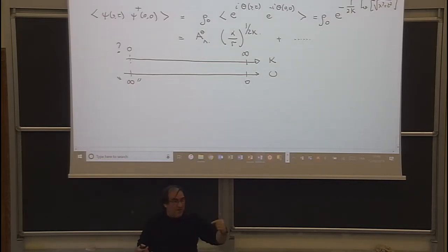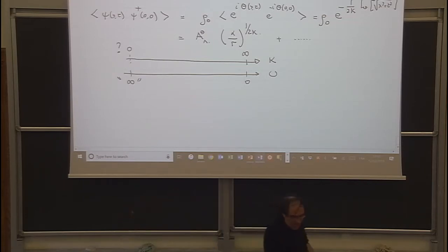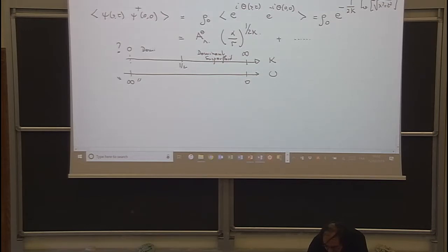Yeah, so you have 1 over 2k, which should be equal to 2k, so k equal 1/2. So when k equals 1/2, you would say here it's dominant superfluid, and here you would say it's dominant crystal. Okay? But again, it's power law all over the place.